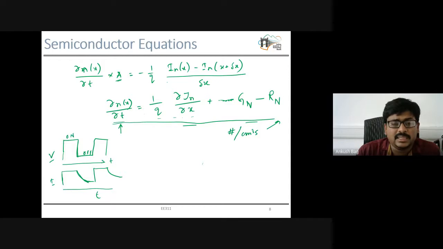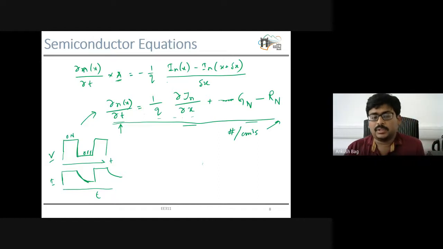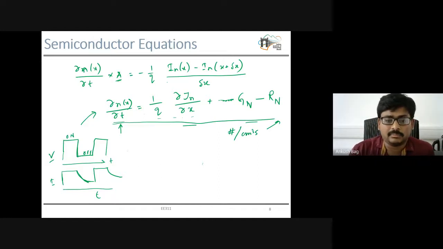Immediately it will not happen, so it will take some time. So how do we get that time variation of these electrical parameters, mainly current? We can calculate that using this continuity equation. At that time, we'll once again need to invoke this concept. So this is the continuity equation.